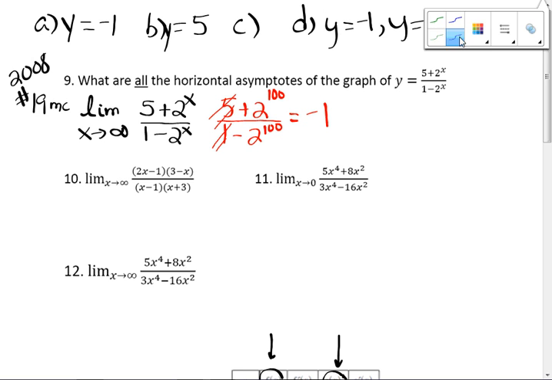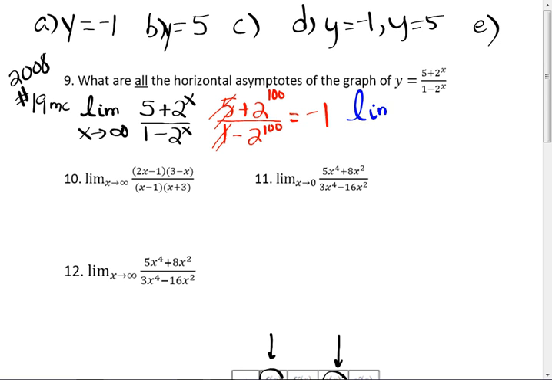So we are going to do the other one. What's the other problem we have to do? The limit as x goes to what? Negative infinity. This one's tricky because that's not x squared. It's 2 to the x. So that little rule about the exponents being the same doesn't apply. It's not a polynomial.